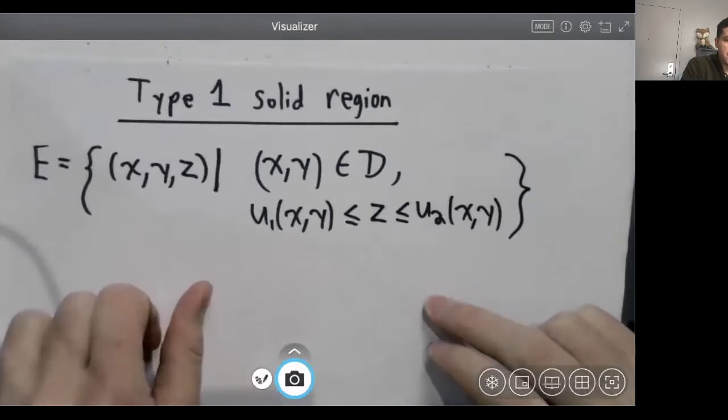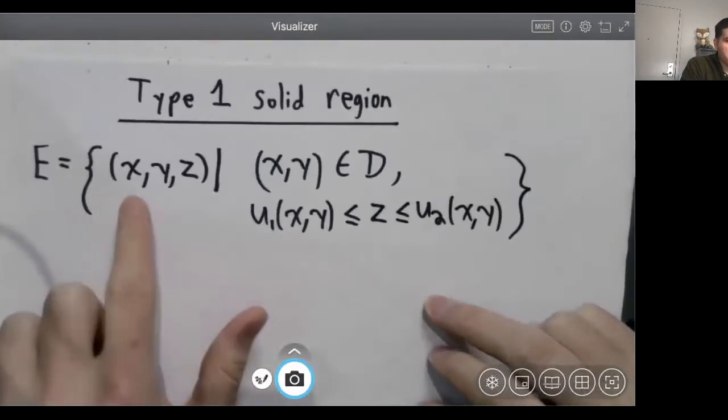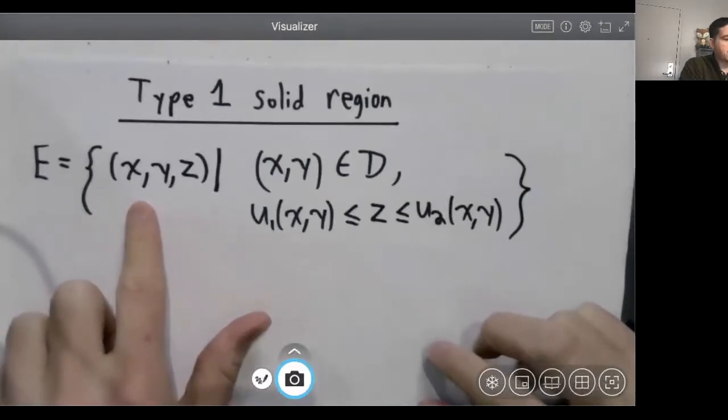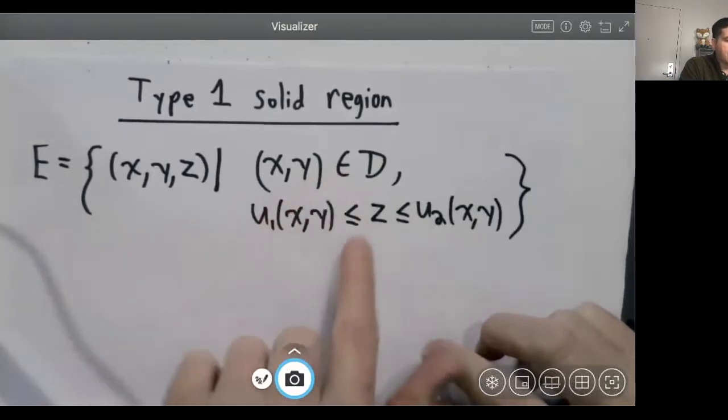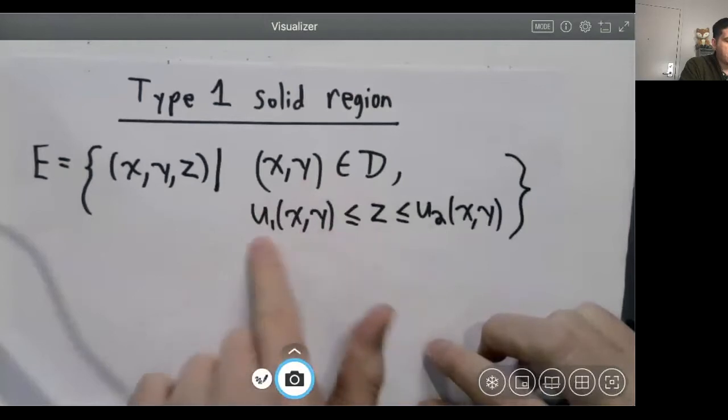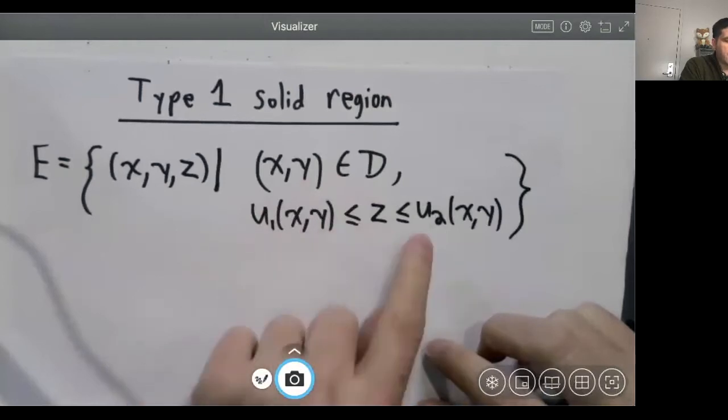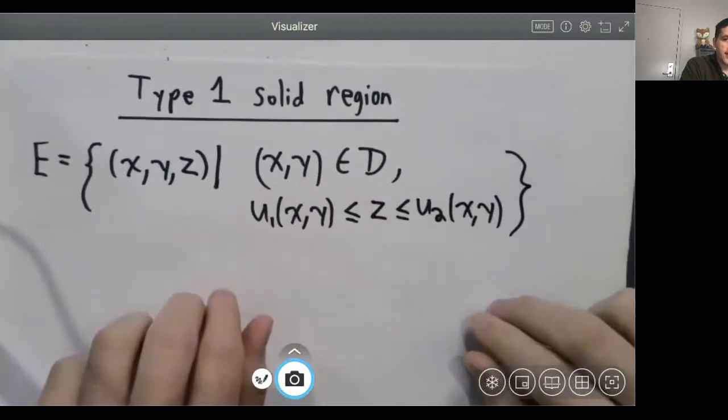Here it is written on paper. This is the definition of a type 1 solid.